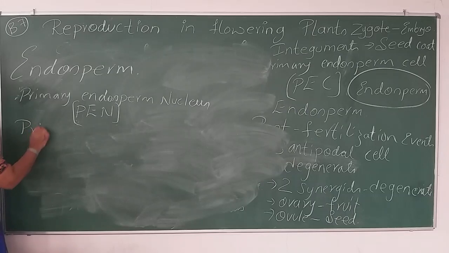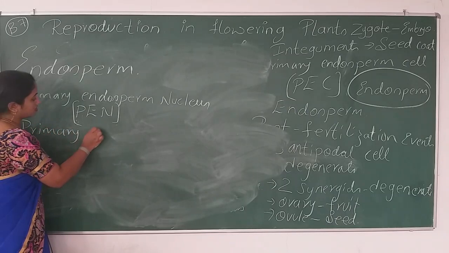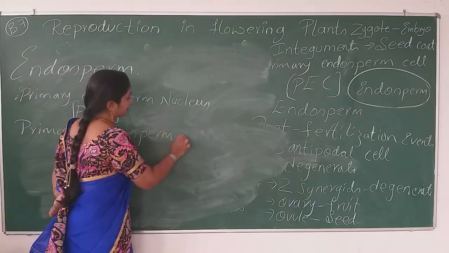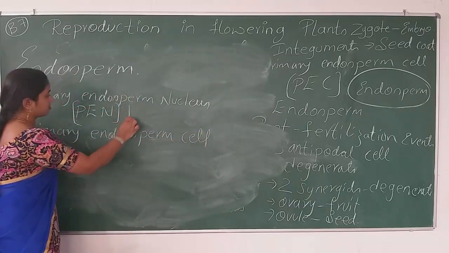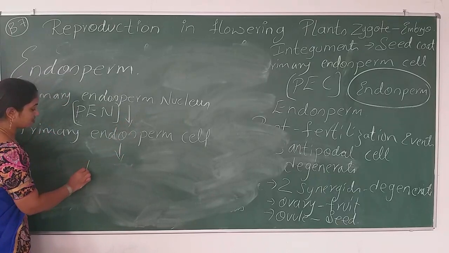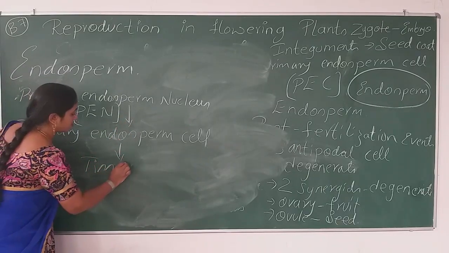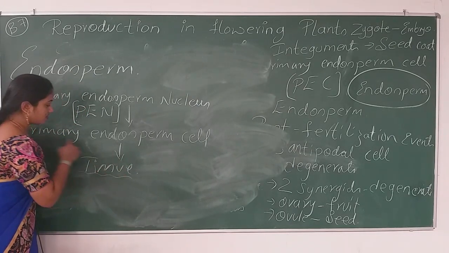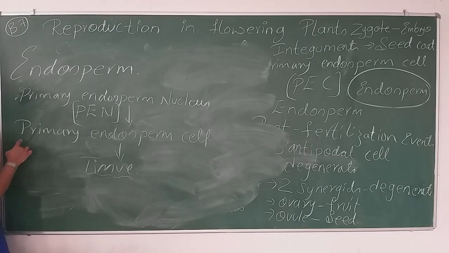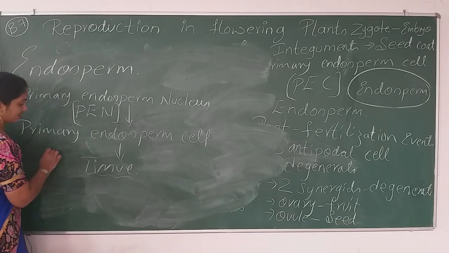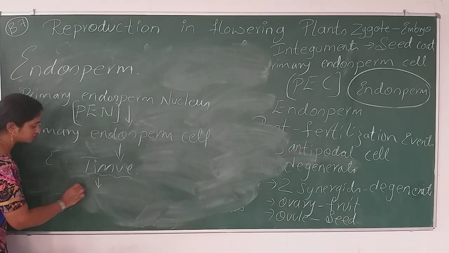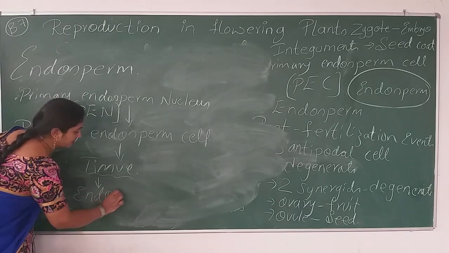The primary endosperm cell, and then this cell divides into a number of cells, forming an endosperm tissue. It is not a primary one now, it is endosperm tissue, and that endosperm tissue we can call endosperm.